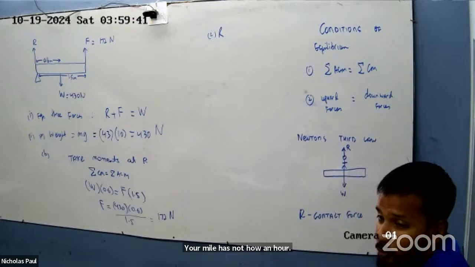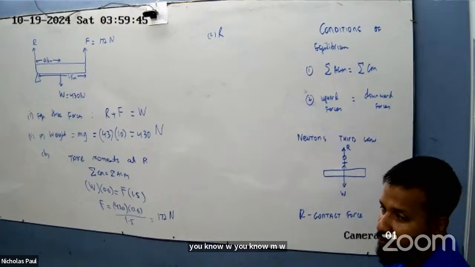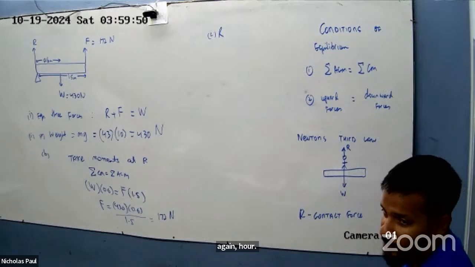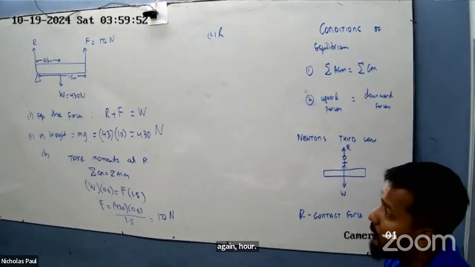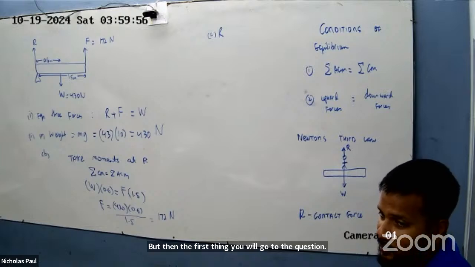You know W, you know F. How do we find R? It's the first thing you worked out in the question.